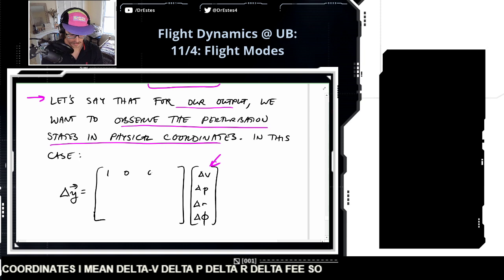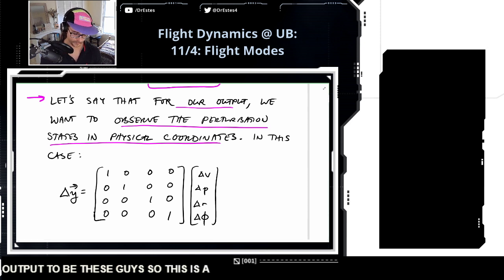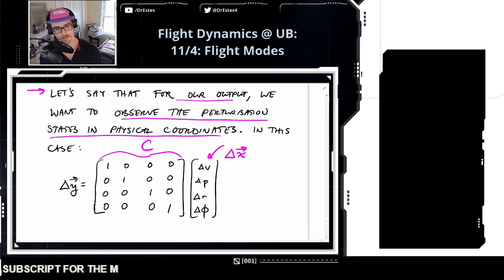So I want my C matrix to... I want my output to be these guys. So this is delta X. Let's call this my C matrix, but there's no subscript for the M because this is like physical coordinates.